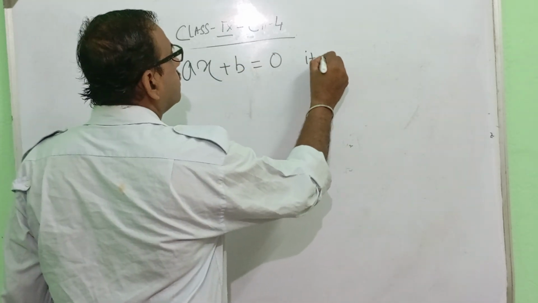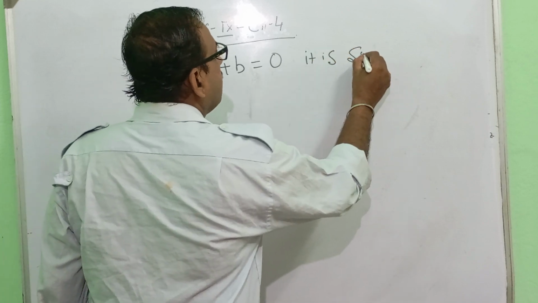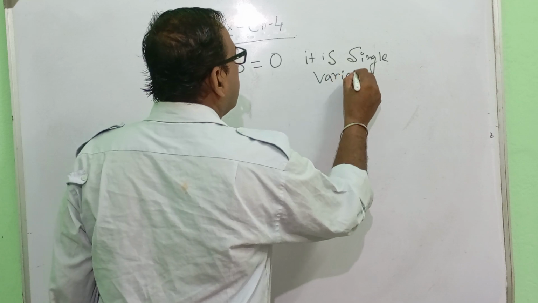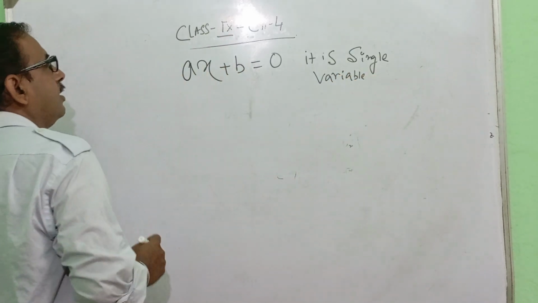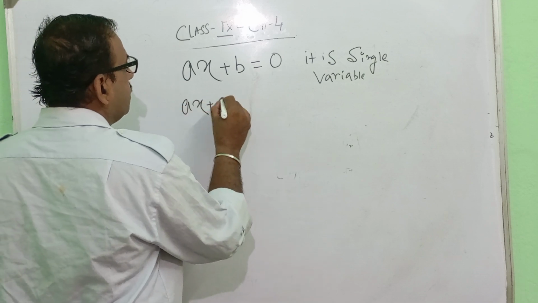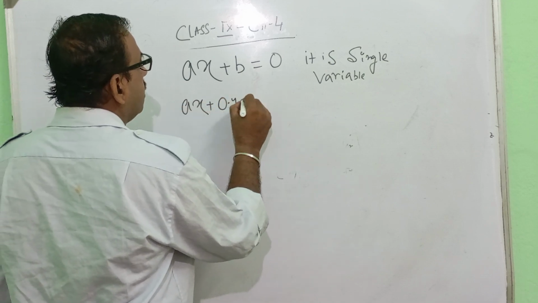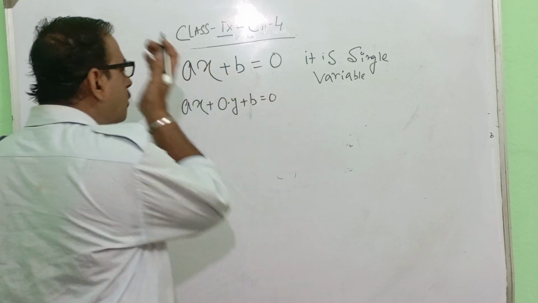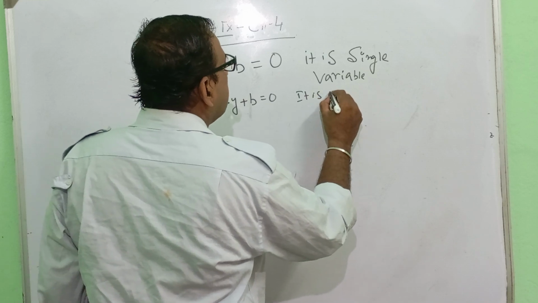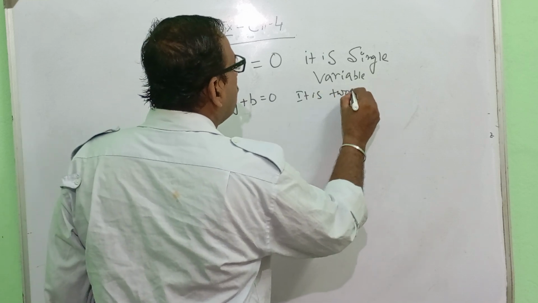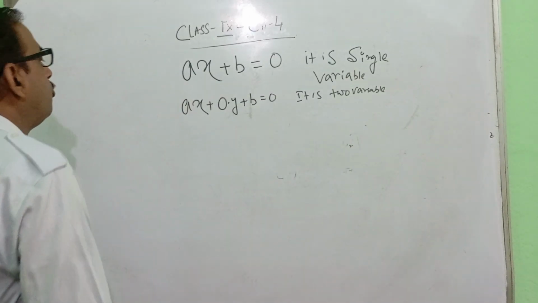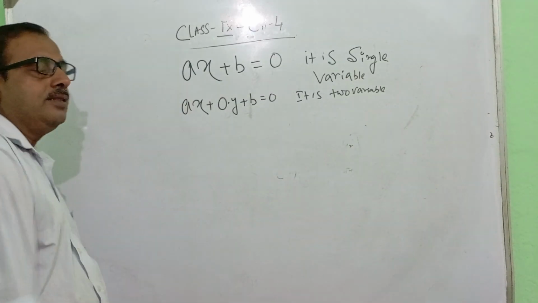It is a single variable. But if we write it in the form of ax plus 0 into y plus b is equal to 0, then it is two variable. So we can write this equation also in this form.